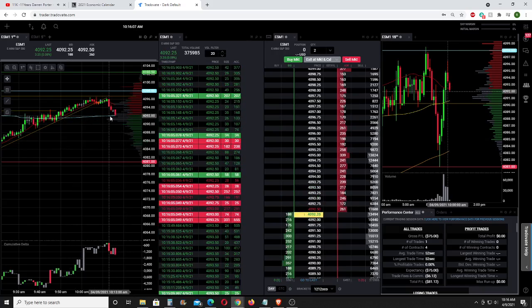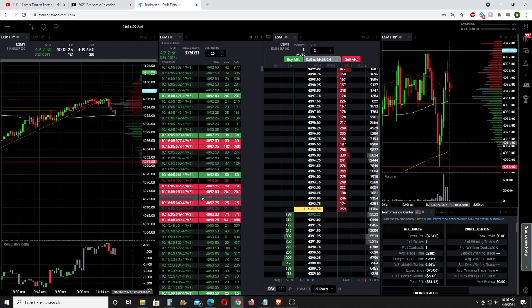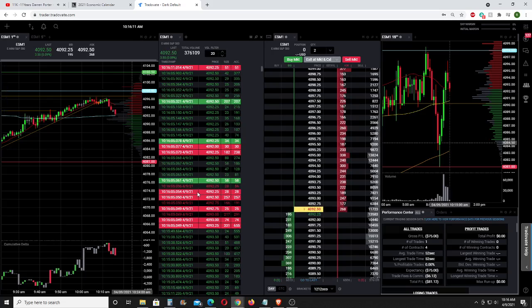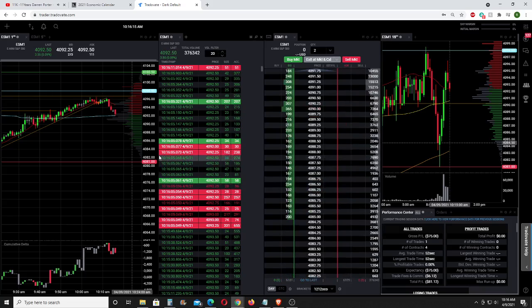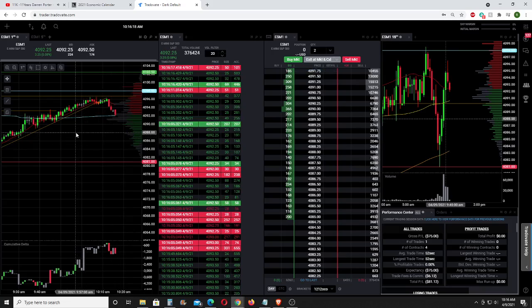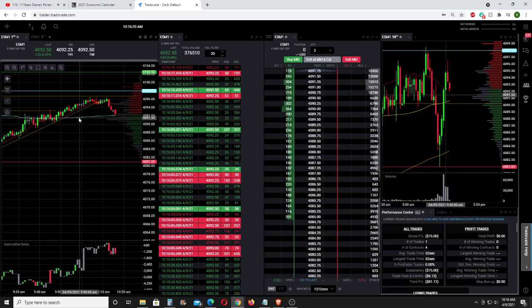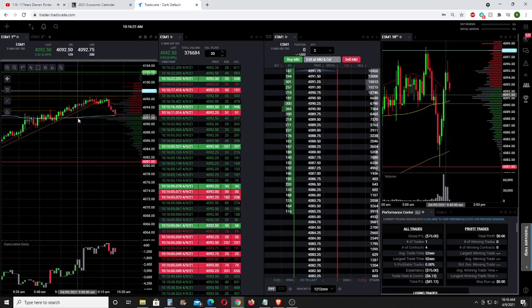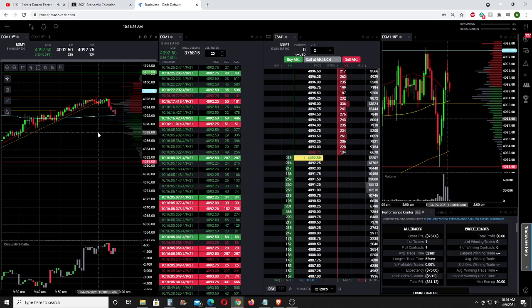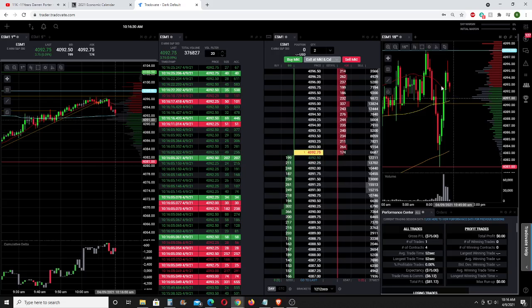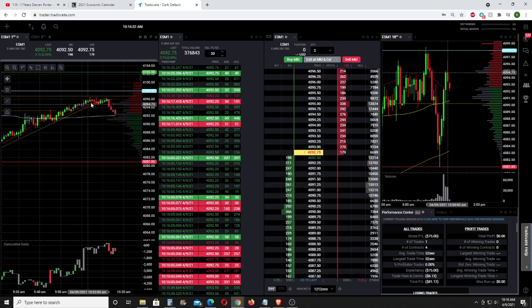Whoa, look at that. Oh, 40.75. Jeez. Shorting here is too risky now.